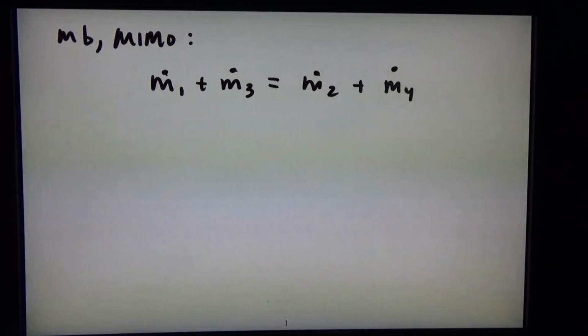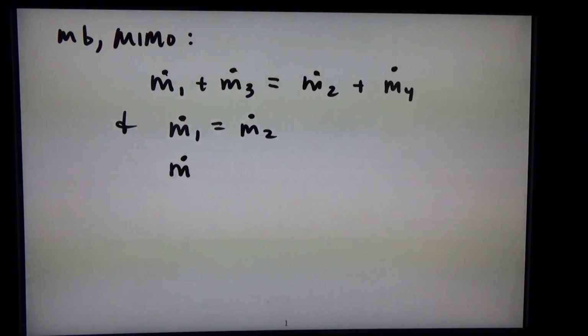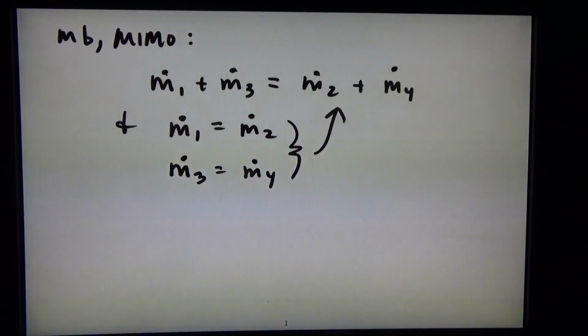Then we apply the mass balance for the air and the water separately, and we know that m dot 1 will end up equal to m dot 2, m dot 3 will end up equaling m dot 4. So we take that back up in here. The mass balance for the heat exchanger doesn't really tell us anything all that useful.